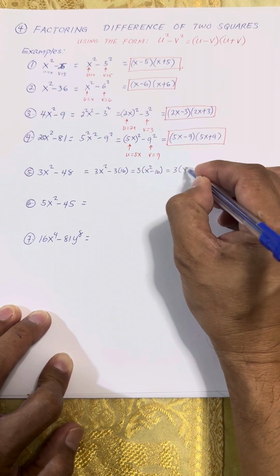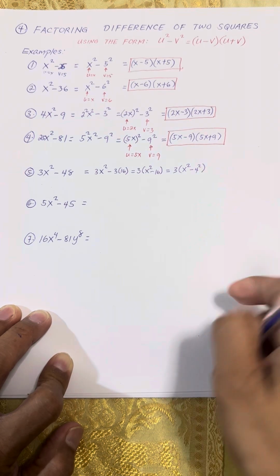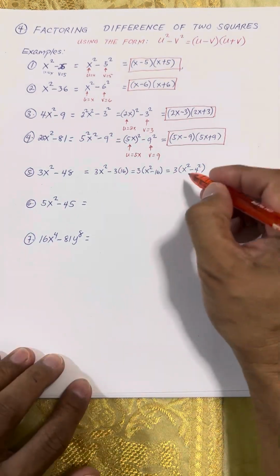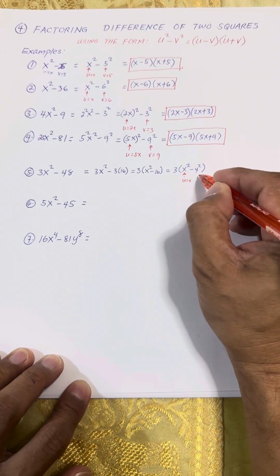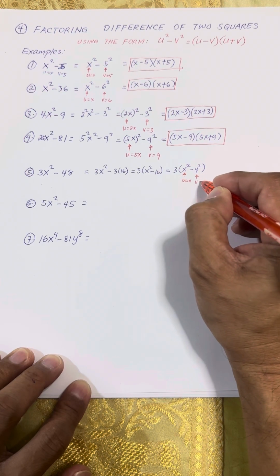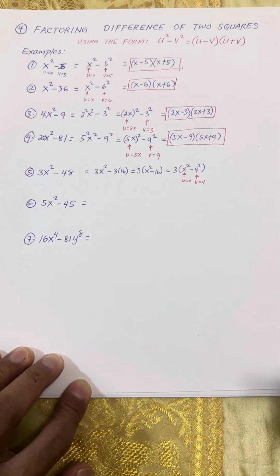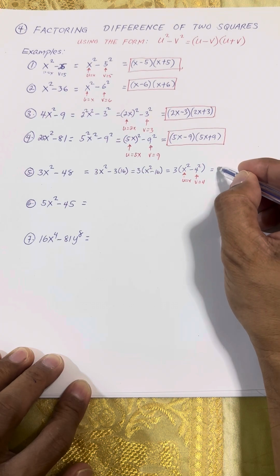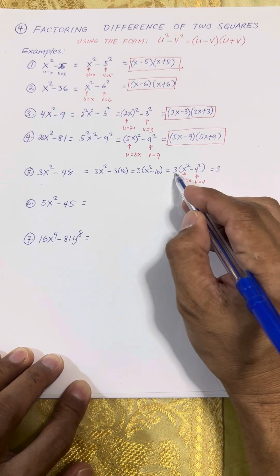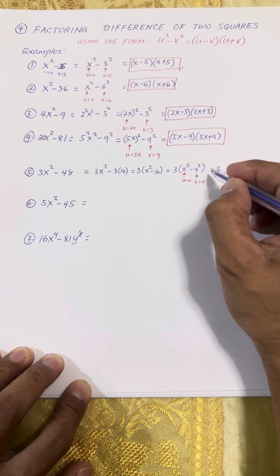Okay, so after that, rewrite this factor: 3 times x squared minus, 16 can be written as 4 squared. So now you can find what is your u, what is your v. Here our u is equal to x, and our v is equal to 4. Then follow this form. So our factors therefore are 3, so don't forget to include that one, because this is part of the given.